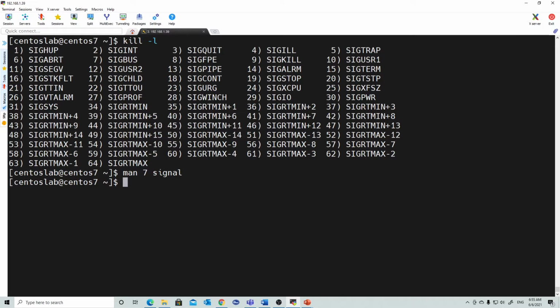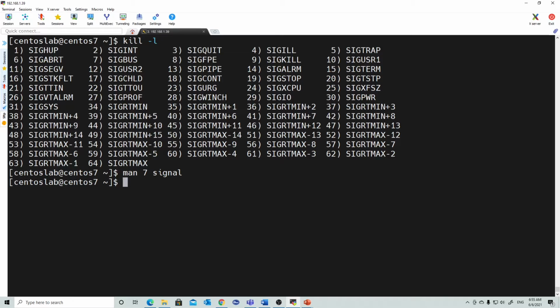SIGHUP, hangup detected on controlling terminal. SIGINT, interrupt from keyboard. SIGQUIT, quit from keyboard. SIGILL, illegal instruction. SIGTRAP, trace or breakpoint trap for debugging. SIGABRT and SIGIOT, abnormal termination.